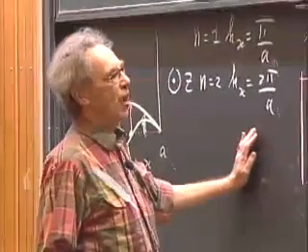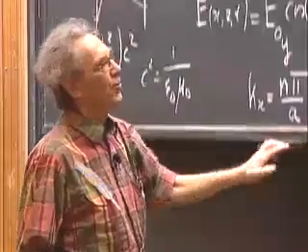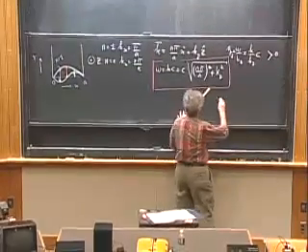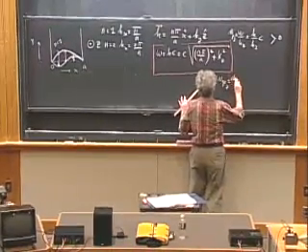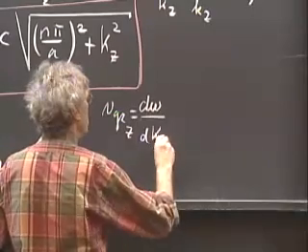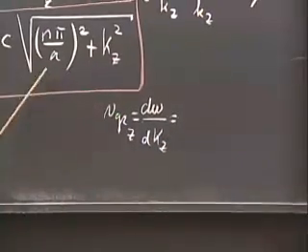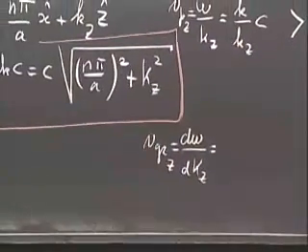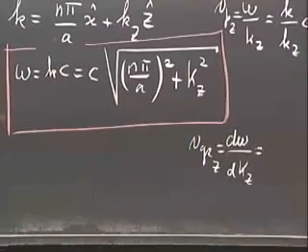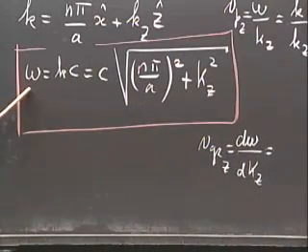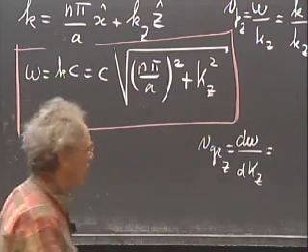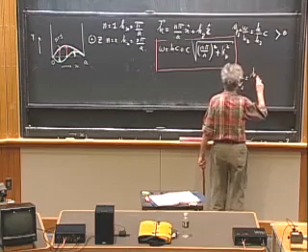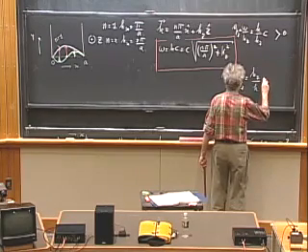So now you can also calculate what the group velocity is. So the group velocity in the z direction is d omega dkz. And since you have this term here, you should be able to do that. That's an 18.01 problem. You take d omega dkz, and you will find now that that becomes, and I will leave you with that, kz divided by k times c.